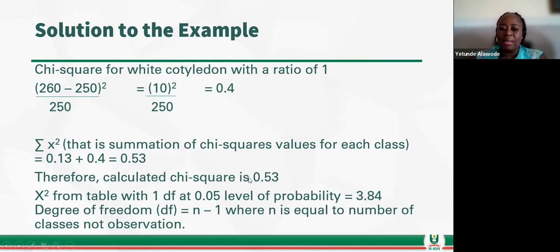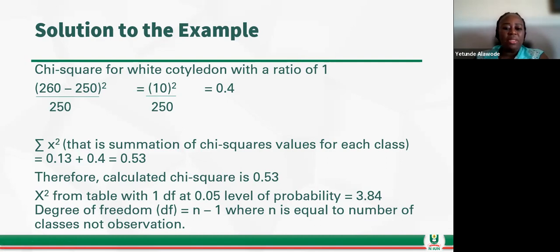So that is for the first step. That is how you get your chi-square value calculated. Okay, so there's a chi-square table, like your 4-figure table that you know. If you have your 4-figure table, you should be able to check.